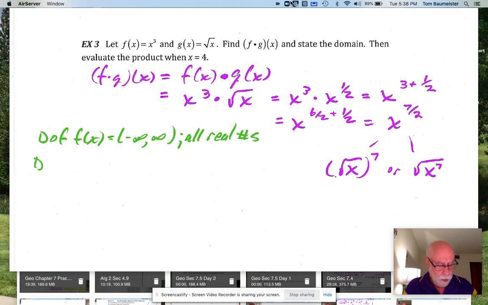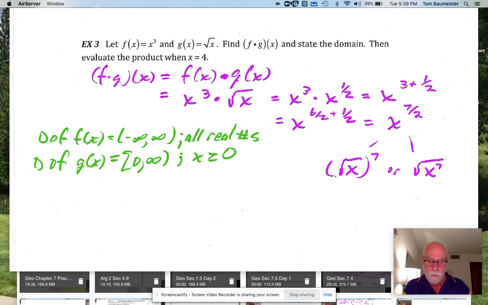The domain of g of x, remember, it's a square root, so we can't have a negative under the radical. So again, on that one, it would be x is greater than or equal to 0.